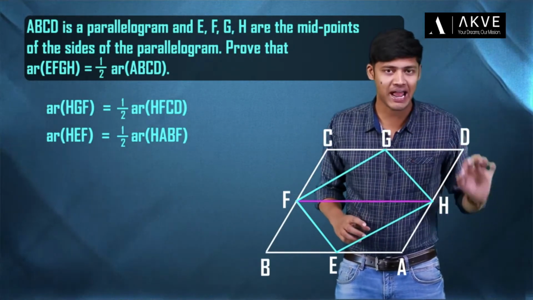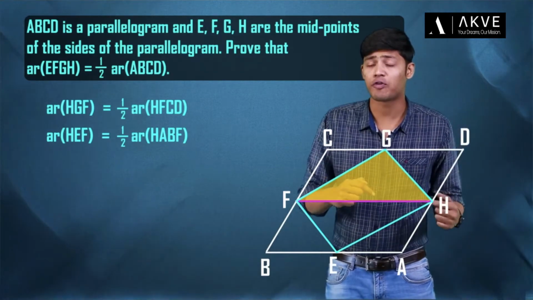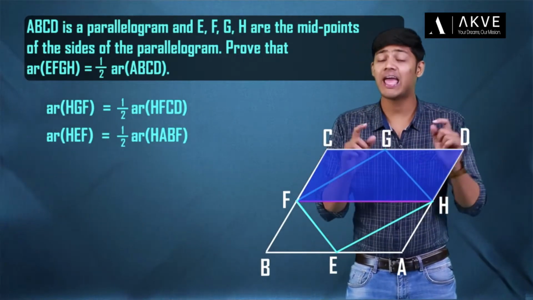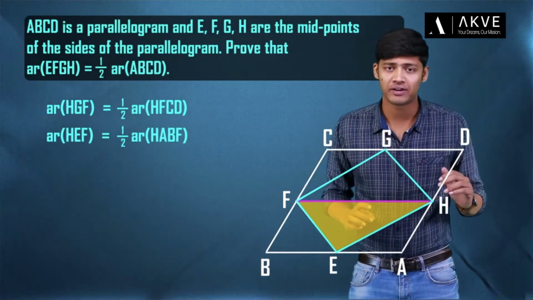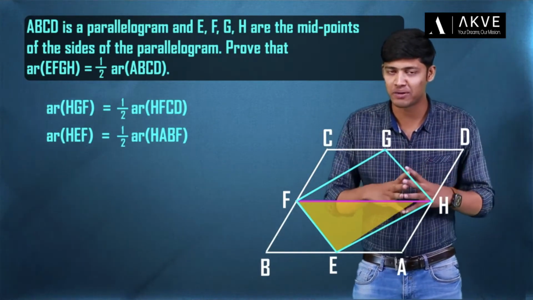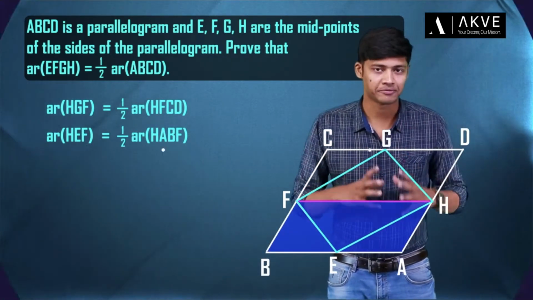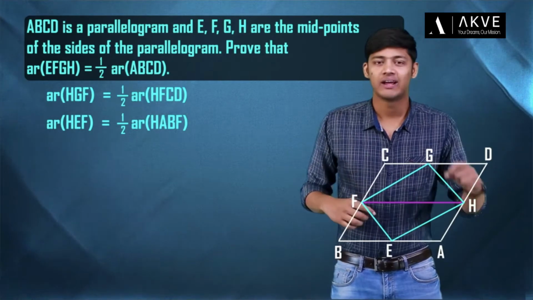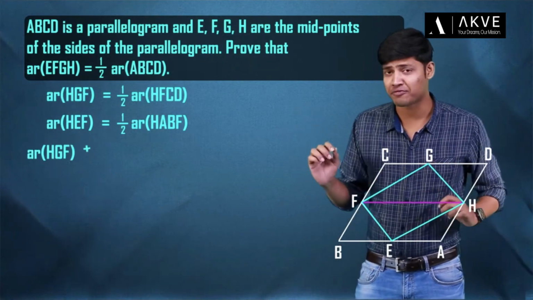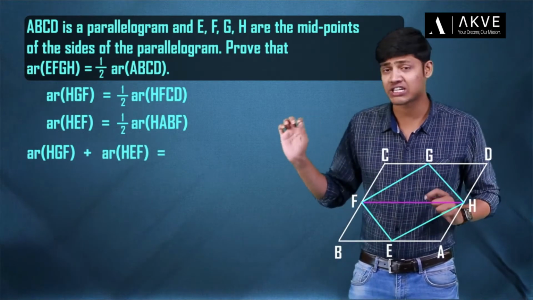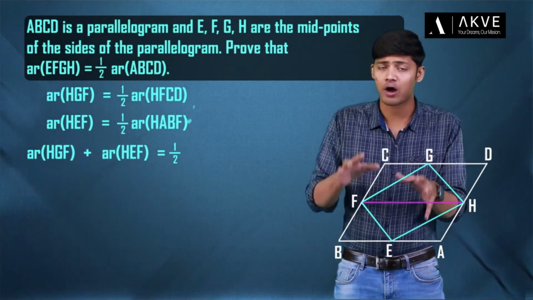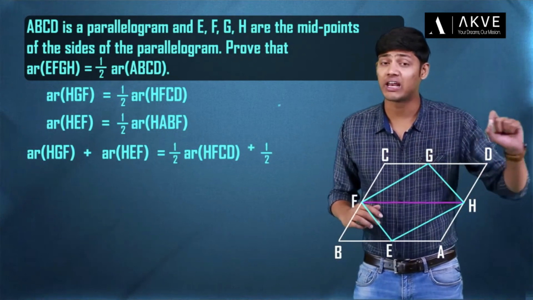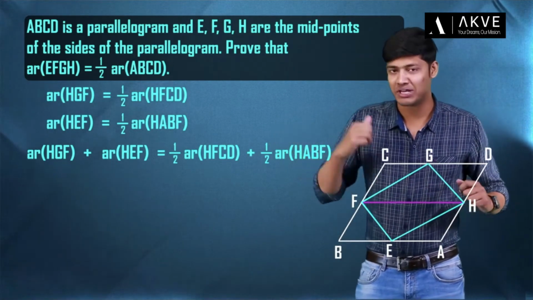The area of the triangle HGF is half of the area of the parallelogram HFCD. The area of the triangle HEF is half of the area of the parallelogram HABF. Let's just add them up. So we get the area of the triangle HGF plus the area of the triangle HEF is equal to half the area of the parallelogram HFCD plus half the area of the parallelogram HABF.